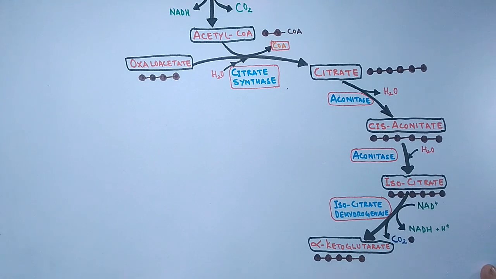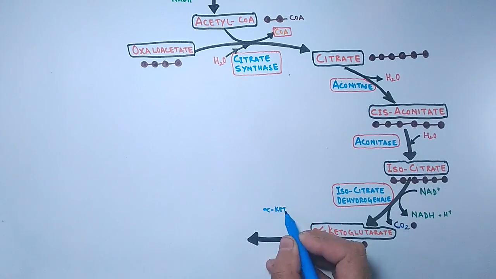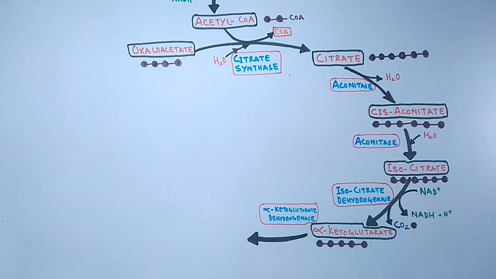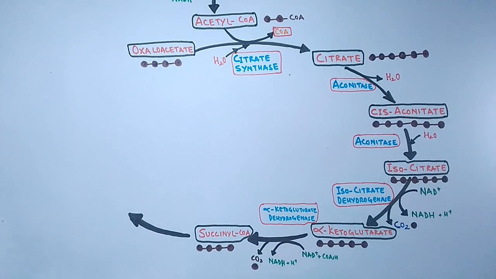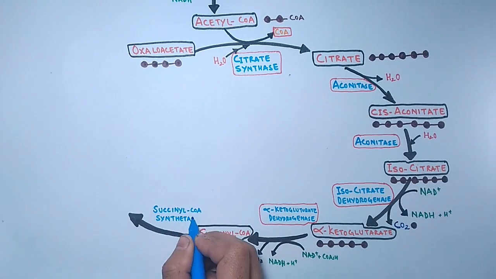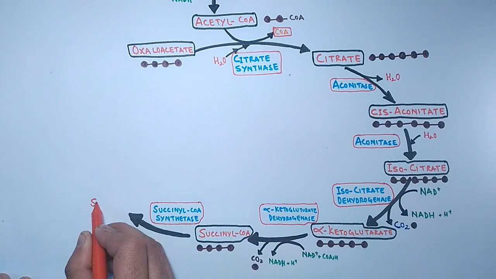Furthermore, alpha ketoglutarate dehydrogenase acts upon alpha ketoglutarate and there is a reduction of NAD into NADH molecule. And also here 1 molecule of carbon dioxide is released. And we get a 4 carbon compound in the form of succinyl coenzyme A. Now this succinyl-CoA is catalyzed by succinyl-CoA synthetase and converted into succinate.